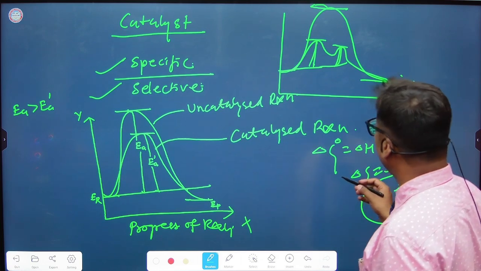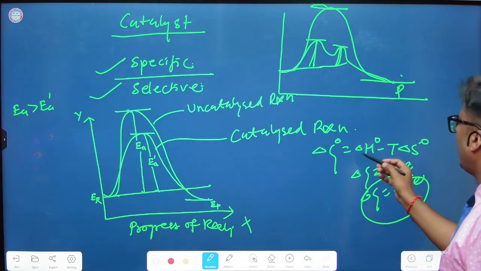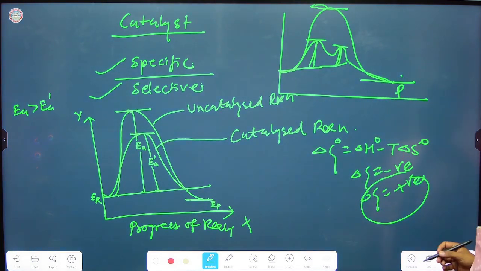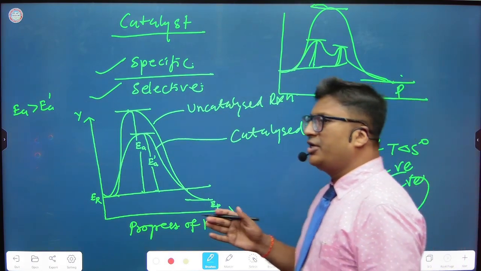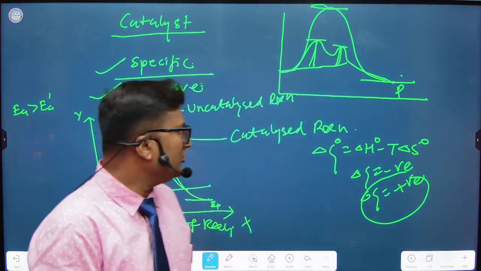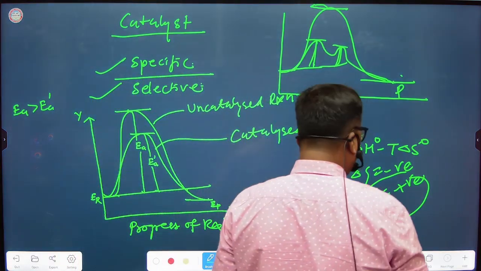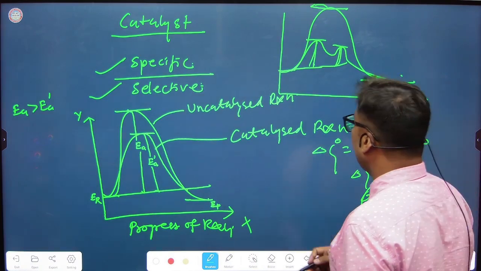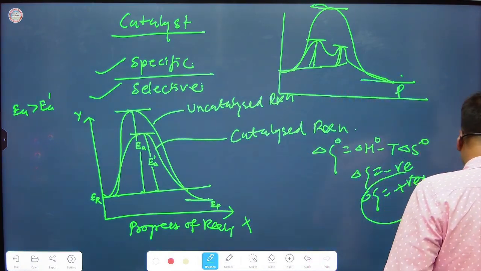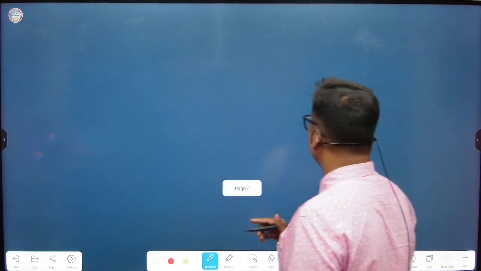Depending on the change in Gibbs free energy at standard state, the reaction can be converted into products, right? So how this activation term actually arises, we will see on the next page.